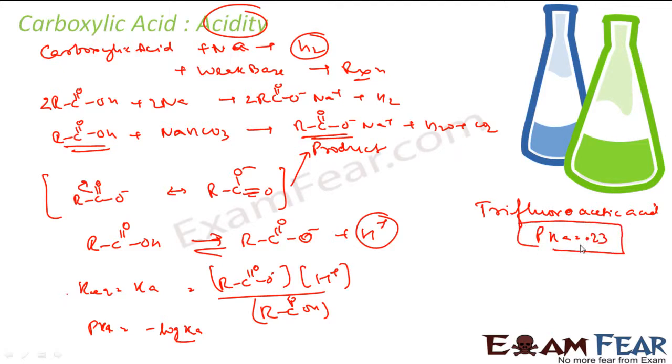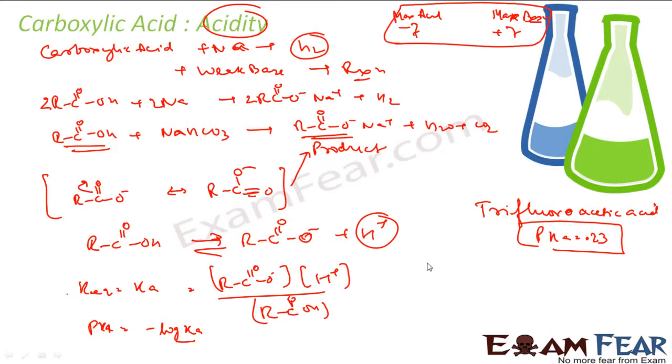If you compare this with, let's suppose, HCl, it has a pKa of -7. So -7 is maximum acidic and +7 is maximum basic, I can say. So this is the range.